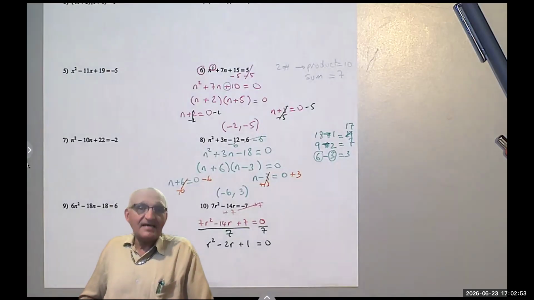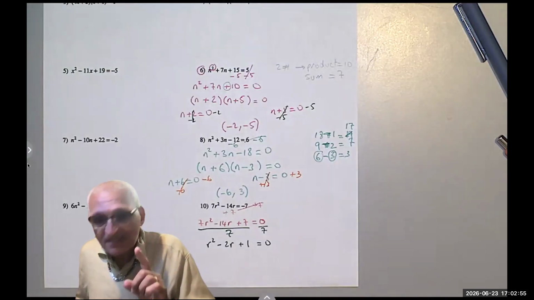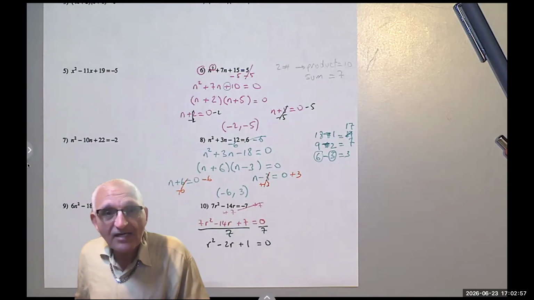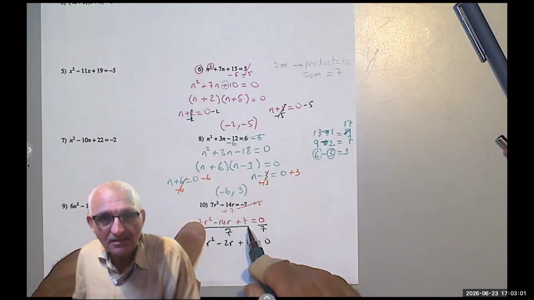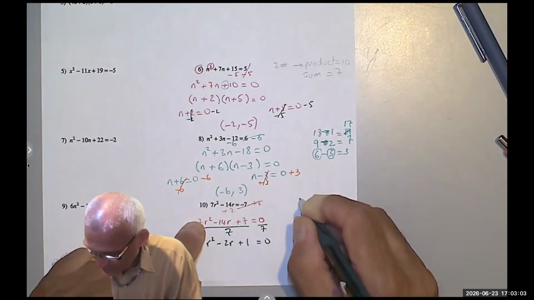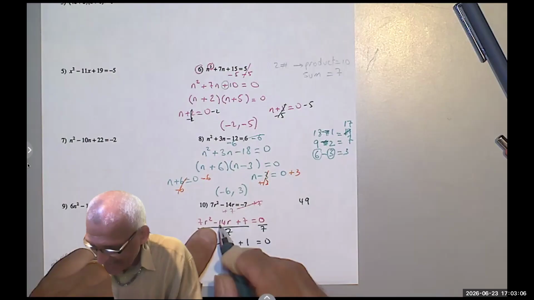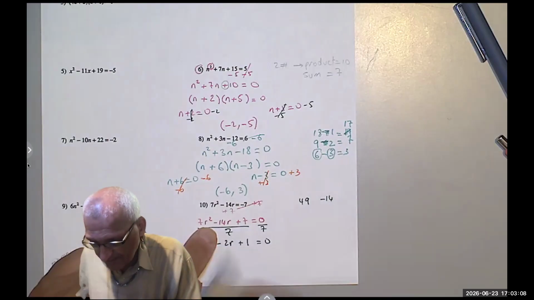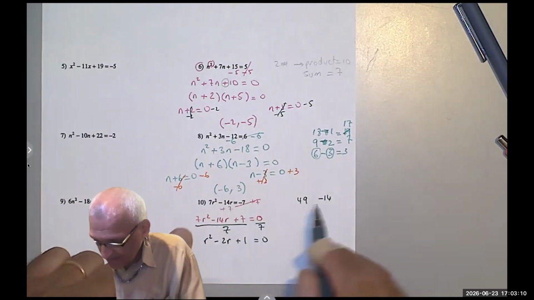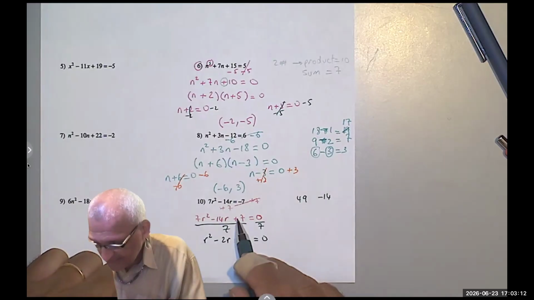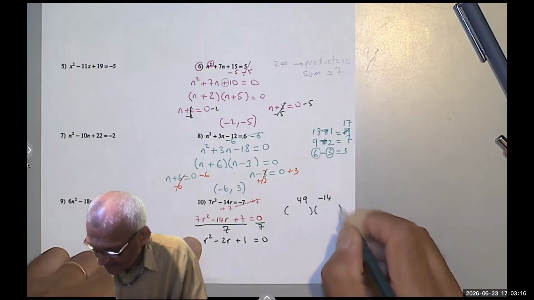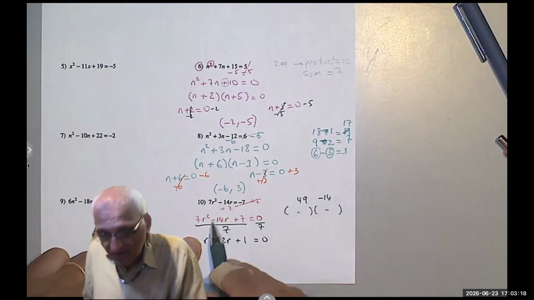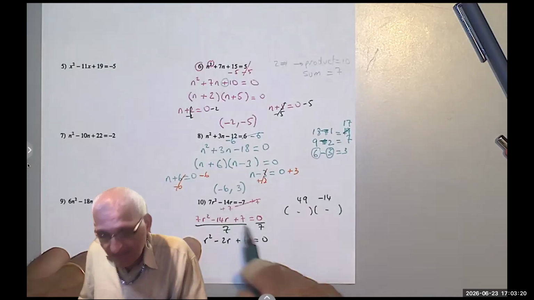Suppose I didn't see that. I wouldn't say they multiply to 7. They would multiply to 7 times 7. They multiply to 49 and they add to negative 14. And notice, because this is positive, it means both quantities are negative, because the middle term is negative and they match.